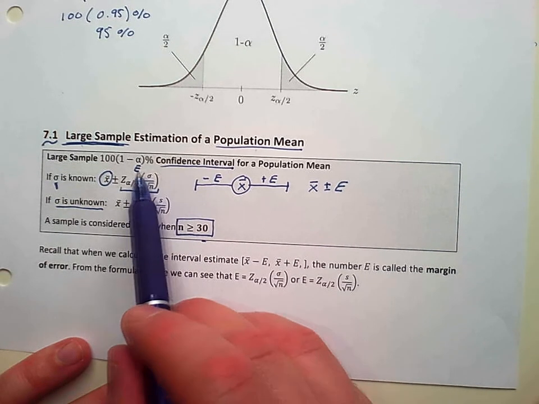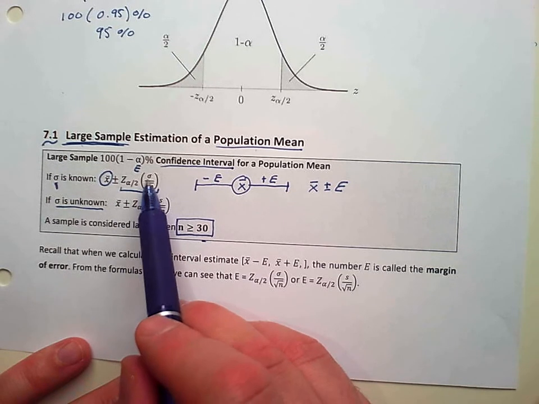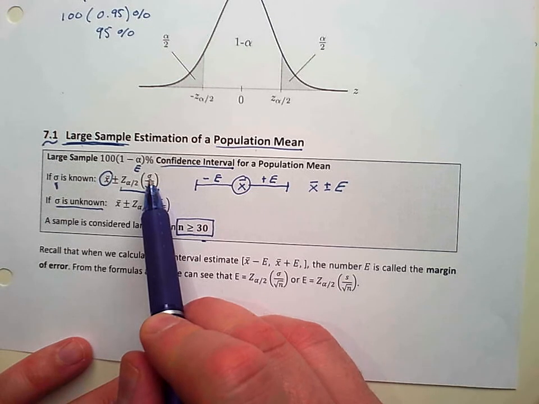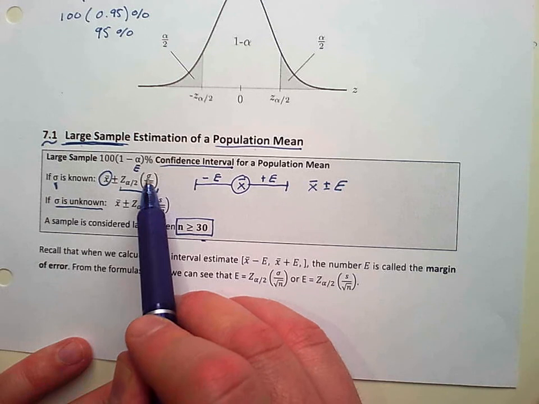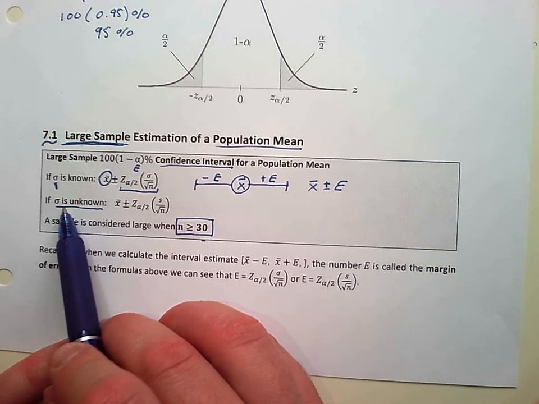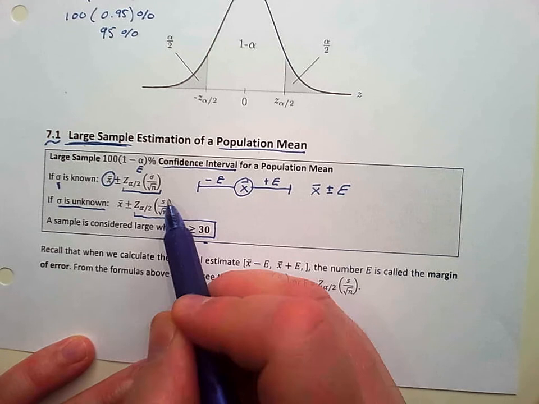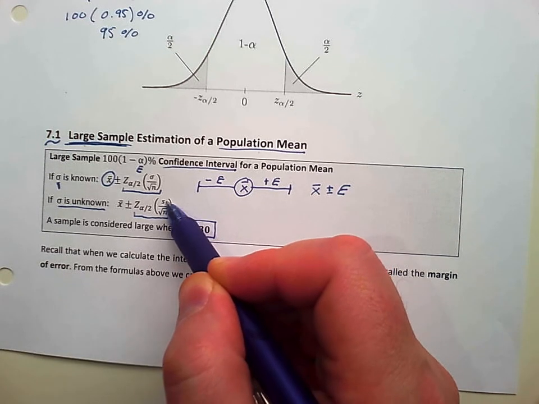If you take a close look, inside this portion we have sigma in it. So if we want to have sigma in this formula, we need to know what sigma is. That's why we have it in our formula. If we don't know what sigma is, then in this formula we don't have sigma.